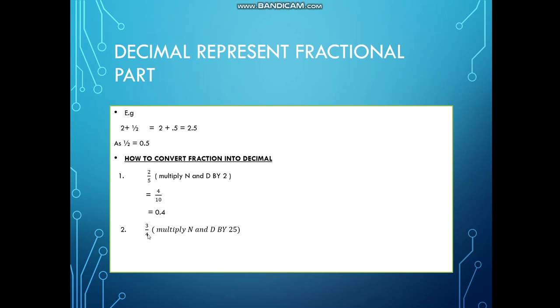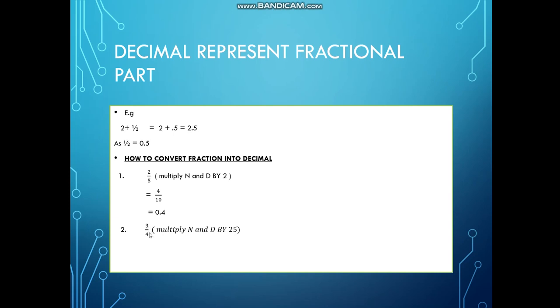That would be 6 by 8. But we need 10, 100 or 1000 in the denominator. So 10 is not possible. So I will convert this 4 into 100. When you multiply 4 with 25, you will get 100.